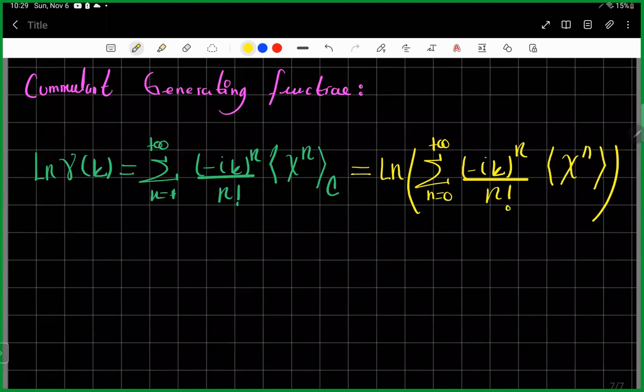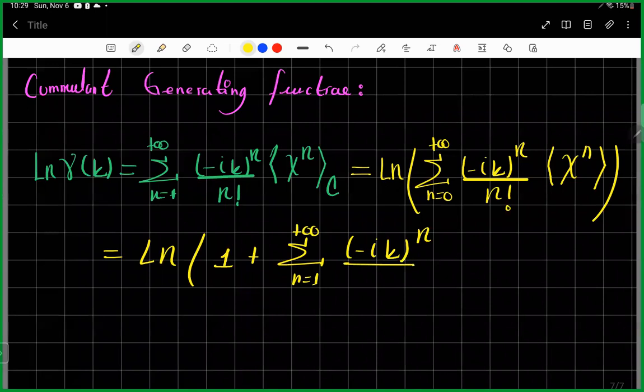And then we can write this as the natural logarithm of 1 plus the sum from n equals 1 to plus infinity of minus I k to the power of n divided by n factorial, times the expectation value of x to the power of n. Okay, very good.